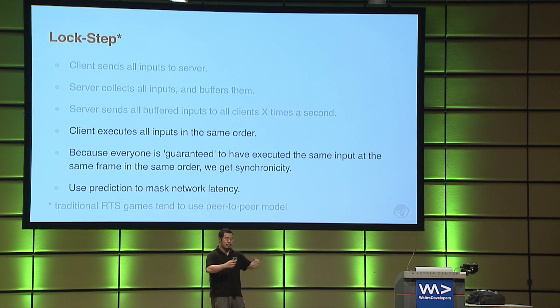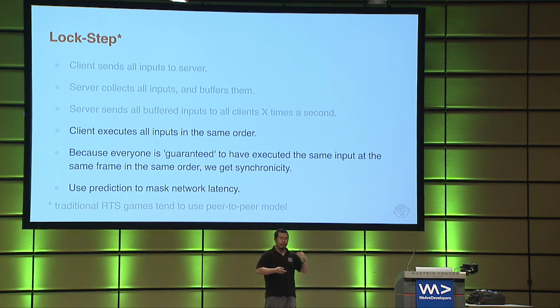The server is only telling everybody what everybody else's input is, so that you run a simulation on the client, which means you need to make sure that all of your clients in the same match are running the same version of a game engine, and everybody is receiving inputs in the same sequence, and when you run simulation, therefore everyone should also arrive at the same state.